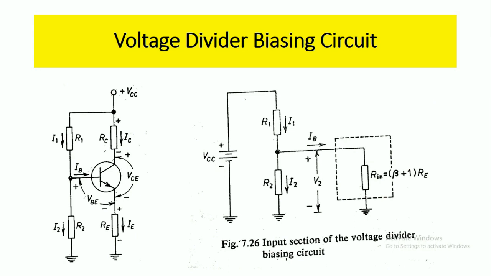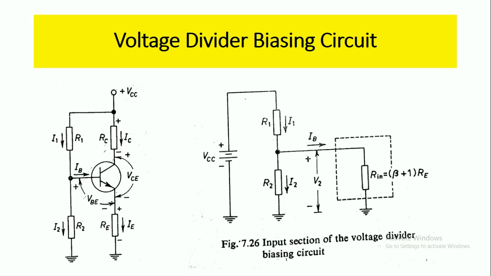By suitably selecting this voltage divider network, the operating point of the transistor can be made almost independent of beta and of temperature variations. This is why this circuit is also called a biasing circuit independent of beta.